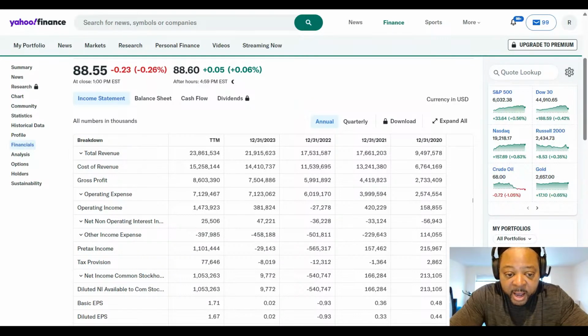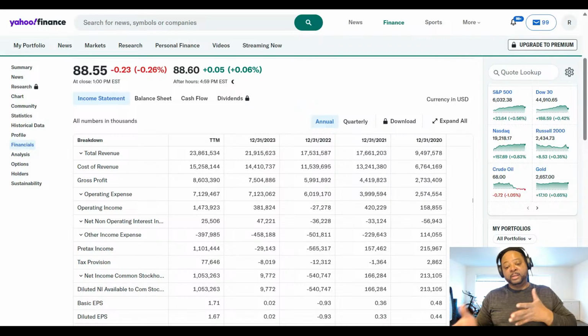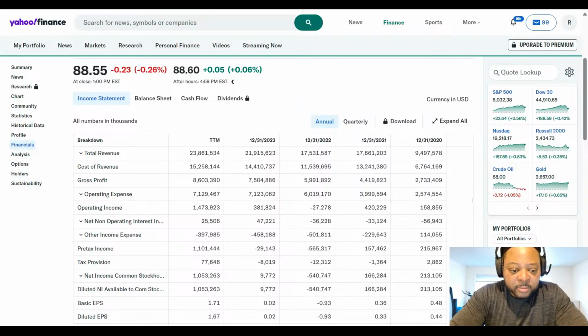This is how much the company made: $497 million in 2020. If it's a billion, then you just have to multiply it by 1,000, and they would tell you that up here. All numbers are in thousands.